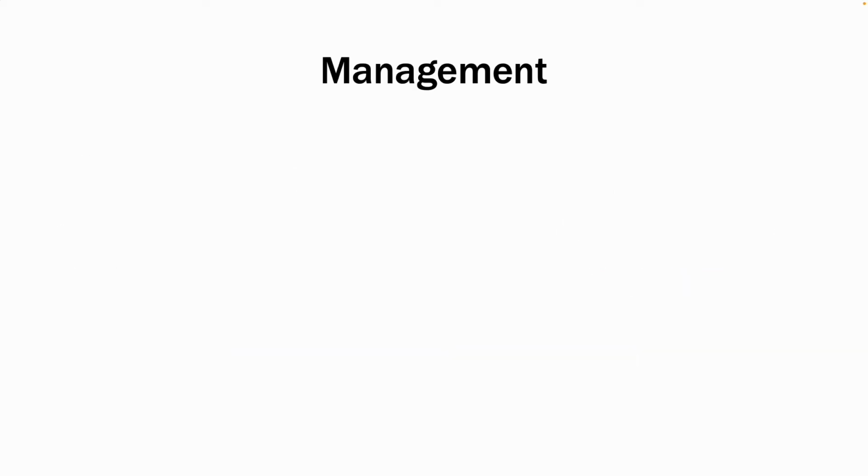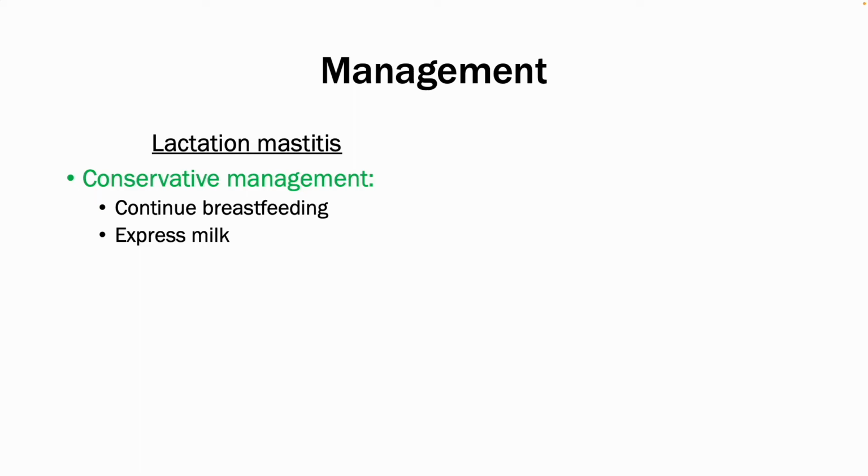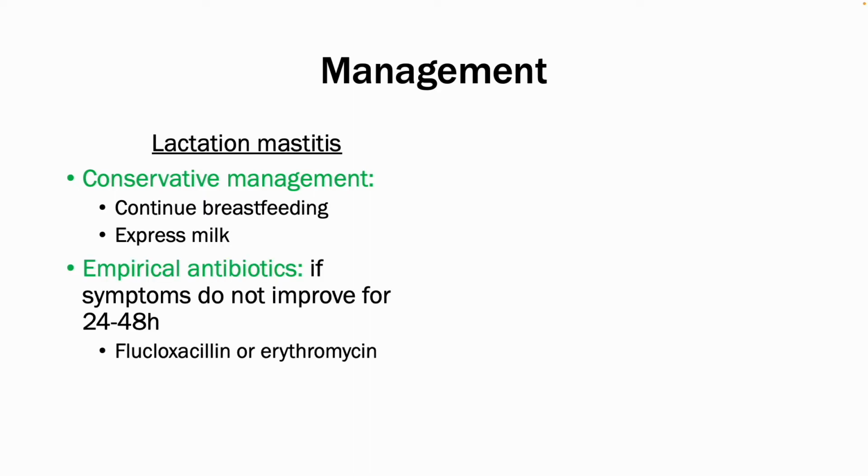The management for lactation mastitis includes conservative management, so the woman should continue breastfeeding and expressing milk, and empirical antibiotics can be given if the symptoms do not improve within the first 24 or 48 hours, and those antibiotics usually are flucloxacillin or erythromycin.